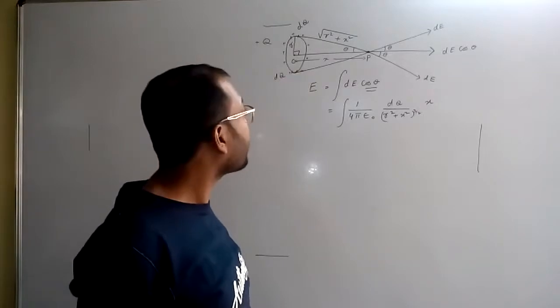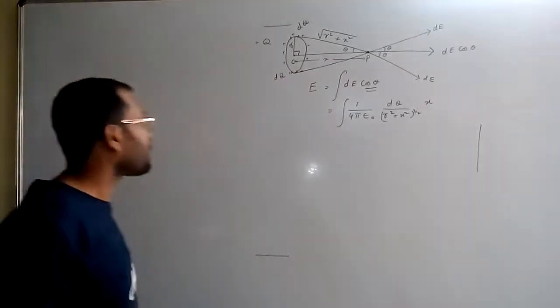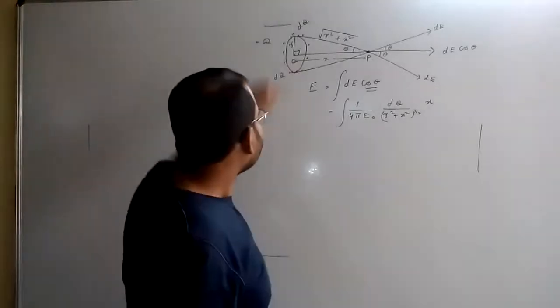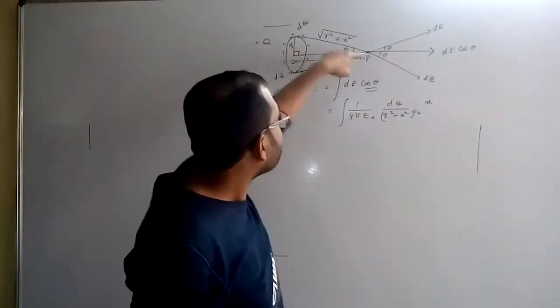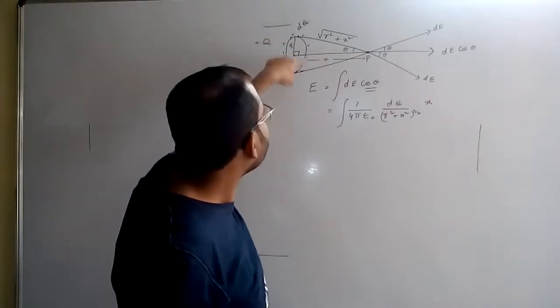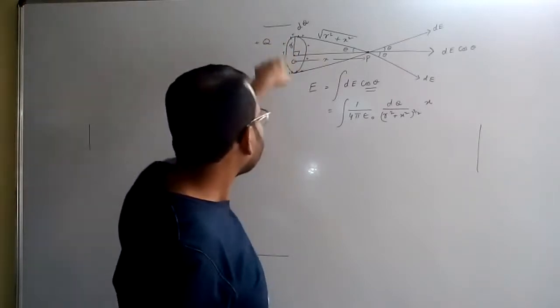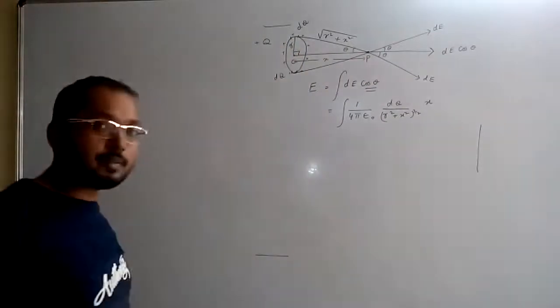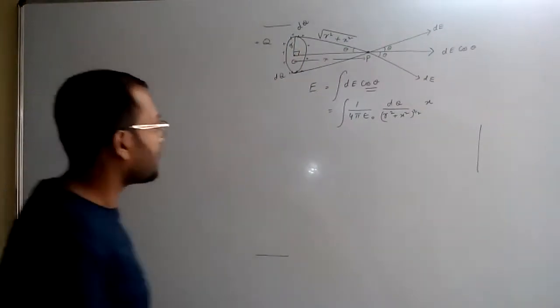And the slant height of the cone is the same everywhere. Another way in which you can think is that r is constant, x is constant. Whichever point of the circumference of the ring I may be on, r and x are always constant. Therefore, the square root of r squared plus x squared is also a constant.